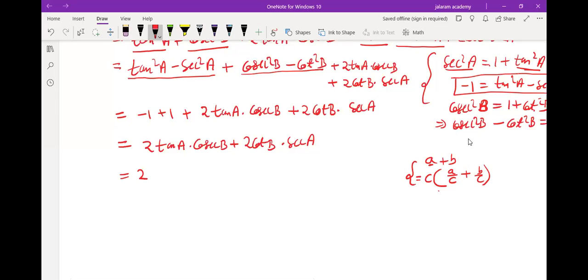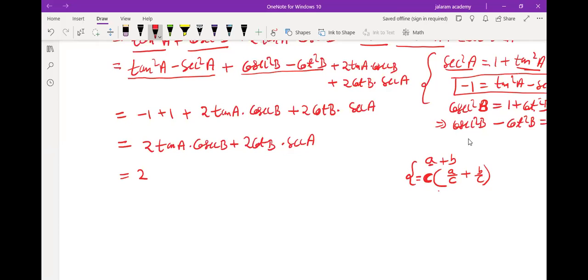We can take any term common from the two terms, but taking common means we are multiplying that term, like we are multiplying C to this A plus B. So if we multiply C to A plus B, then we have to divide all the terms of A plus B with C, that is A by C plus B by C. So always remember this.